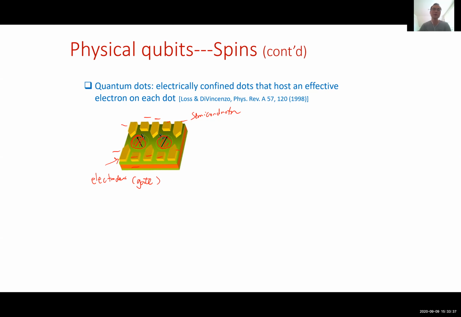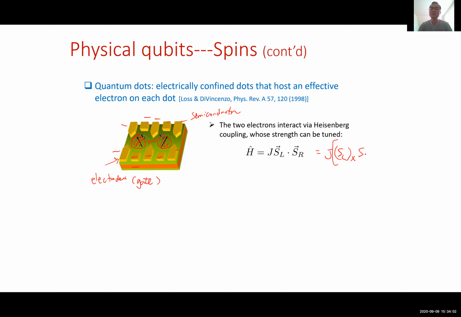So there's some equilibrium electrons, and you have one extra one that carries a spin, and the two dots will interact usually via the so-called Heisenberg coupling. It's like this form. This is in the vector notation, but this is really the S of the left X component times the right X component, and also the Y component and Z component. This is called the Heisenberg interaction.